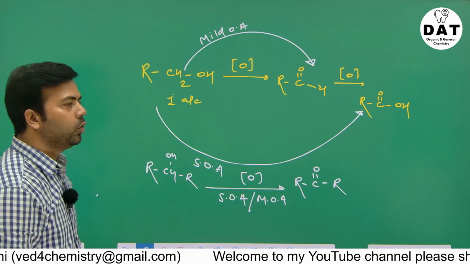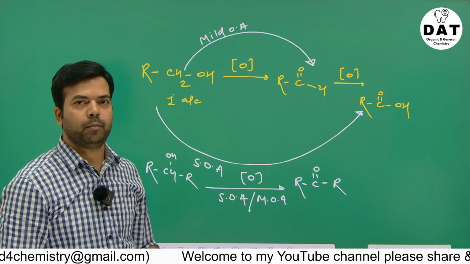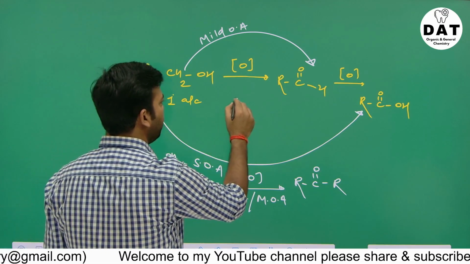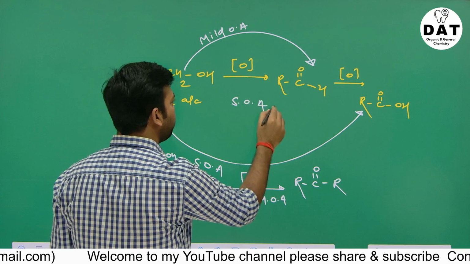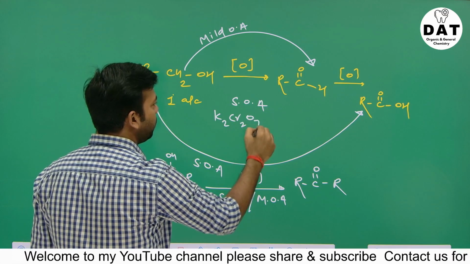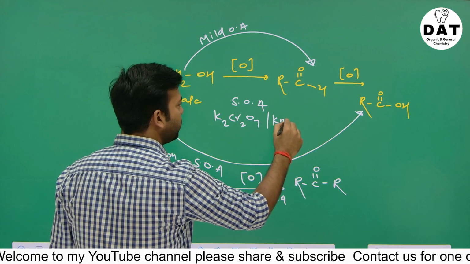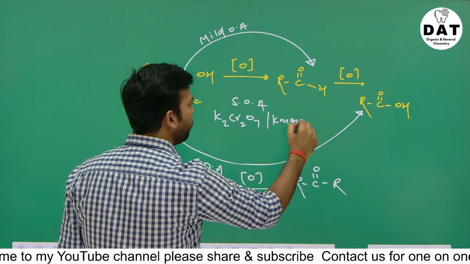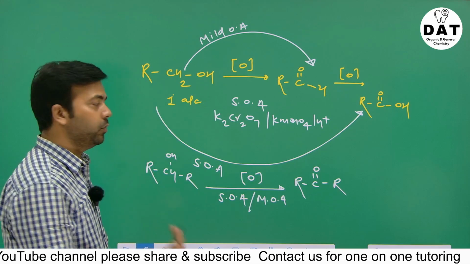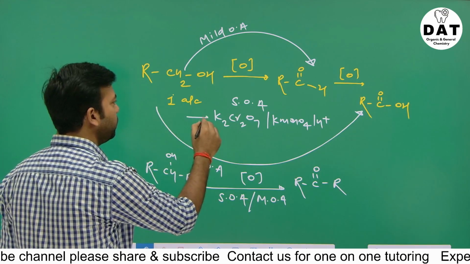So now we should know what my strong and what my mild ones are. So I am going to categorize here. Look at here. The strong oxidizing agents are K2Cr2O7, and we can use KMnO4 as well, KMnO4 in acidic medium H+, like H2SO4. This is the first one.